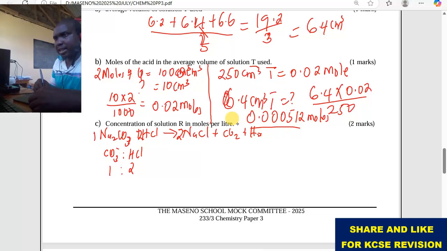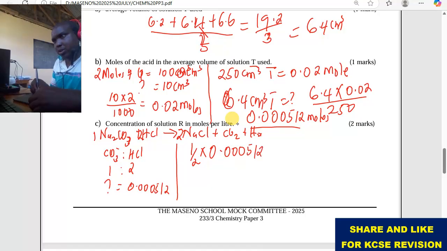So the moles of HCl is 0.000512. So we will ask what will be the moles of the carbonate first. The moles of the carbonate will be actually a half times 0.000512.